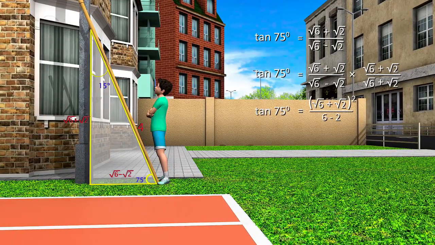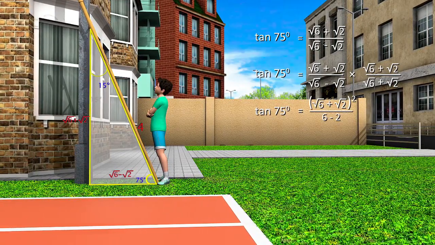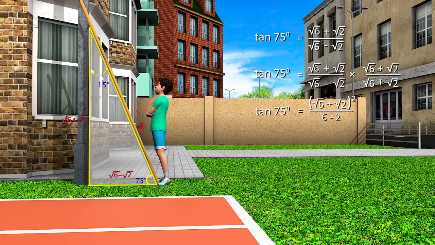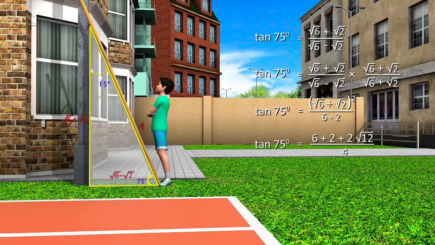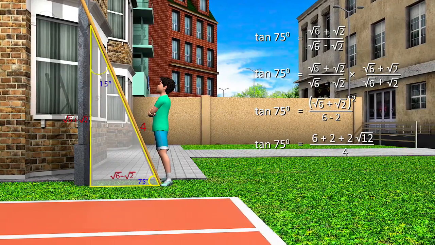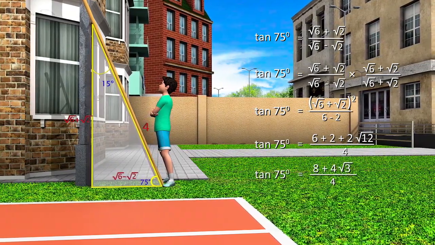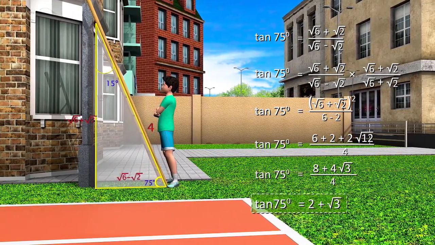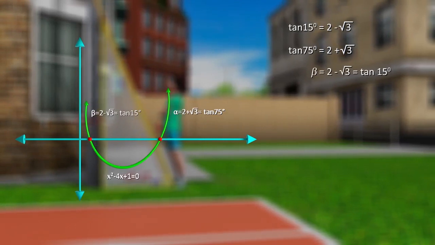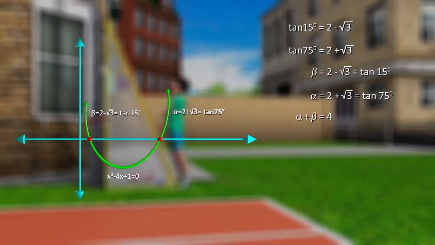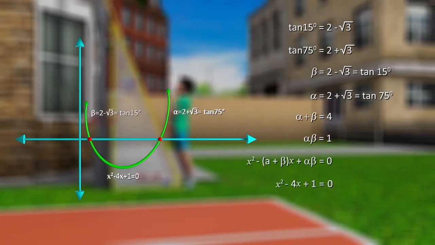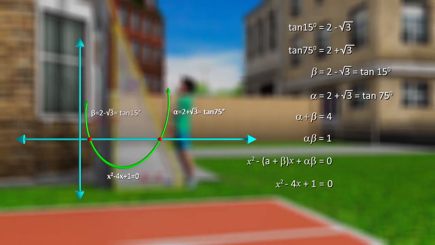Tan 75 degrees is equal to square root of 6 plus square root of 2 divided by square root of 6 minus square root of 2, equals 6 plus 2 plus 2 root 12 by 4, which is 8 plus 4 square root of 3 divided by 4, equal to 2 plus square root of 3. You may observe that tan 15 degrees is 2 minus square root of 3, and tan 75 degrees is 2 plus square root of 3, which incidentally are the roots of the equation x squared minus 4x plus 1 equal to 0.